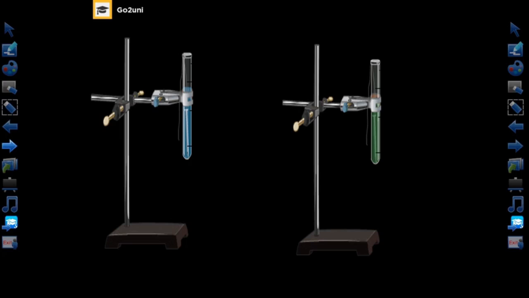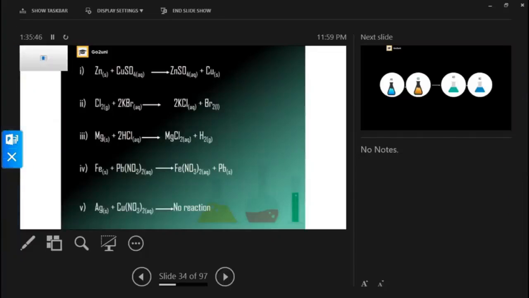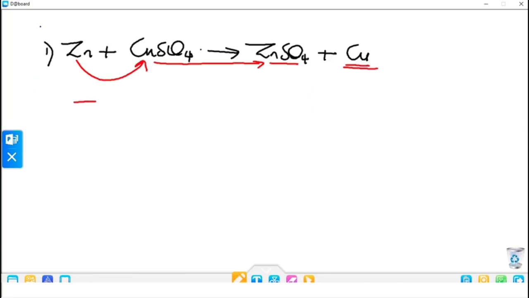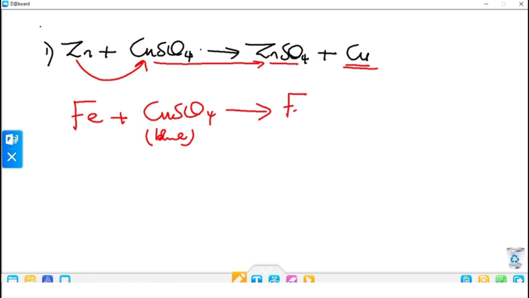So what is simply happening in that reaction is iron coming into reaction with copper sulfate. Copper sulfate is blue, in the light blue coloration. When iron comes into reaction with copper sulfate, it displaces copper and takes the position as iron 2 sulfate, and copper has been displaced.